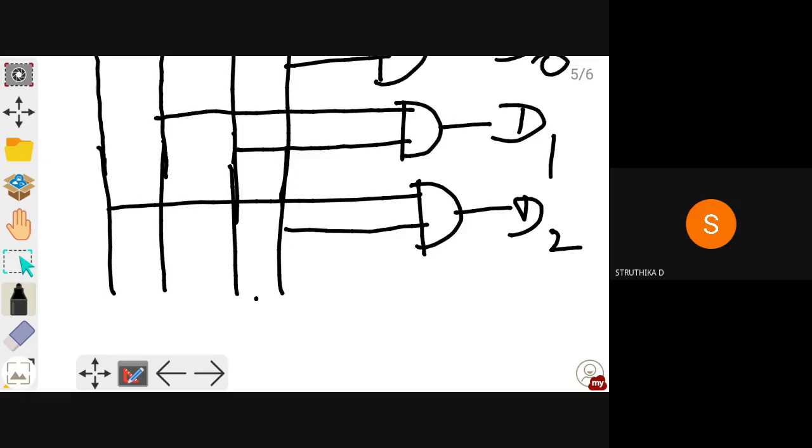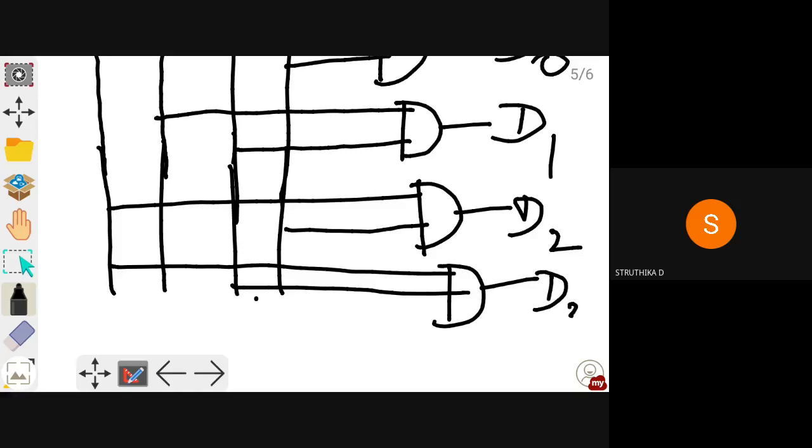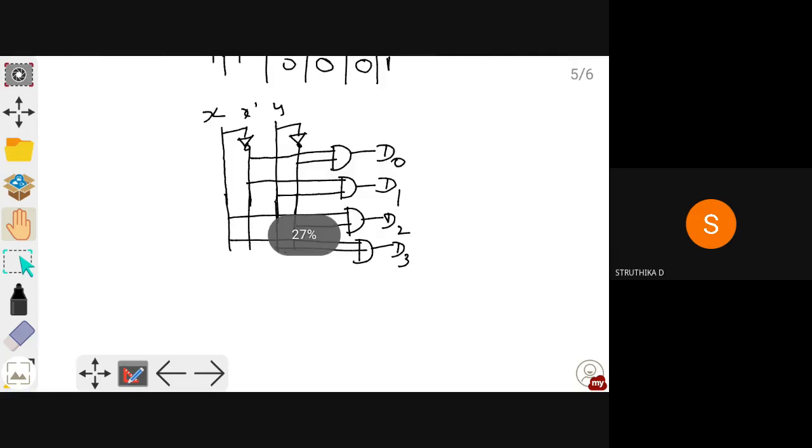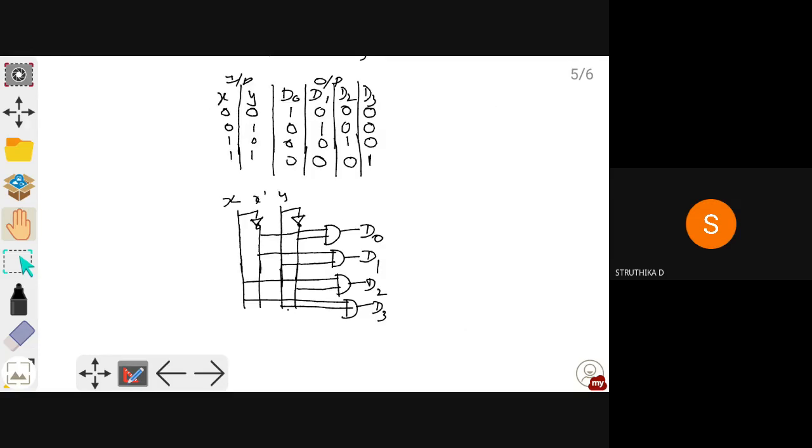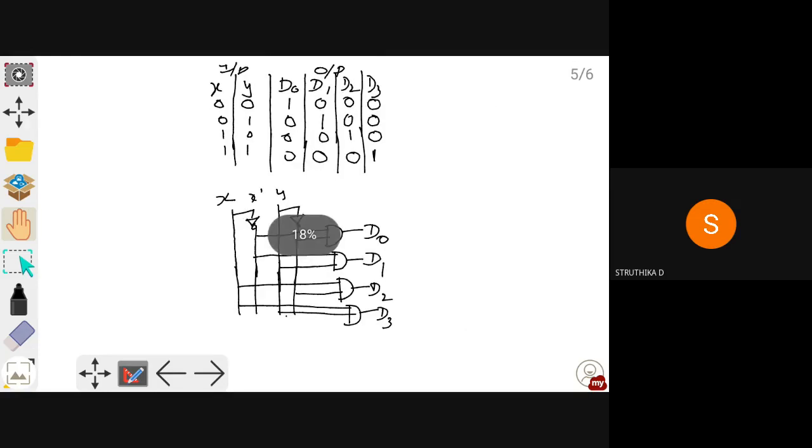And what is D3? X is 1, y is 1. This is known as D3. So this is the logical diagram for the 2 to 4 line decoder. That is, D0 is x dash y dash, the minterm that is generated. D1 is x dash y, D2 is x y dash and D3 is x y.